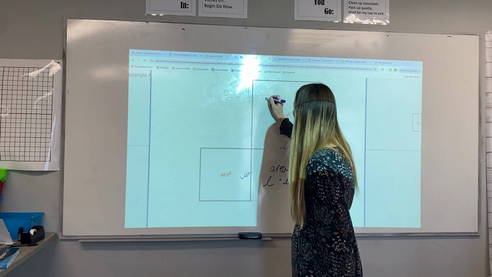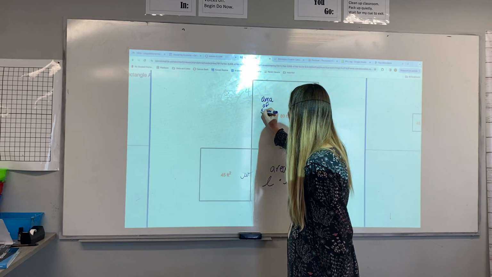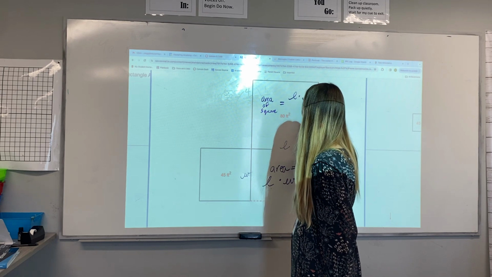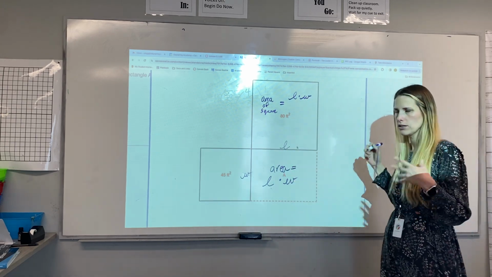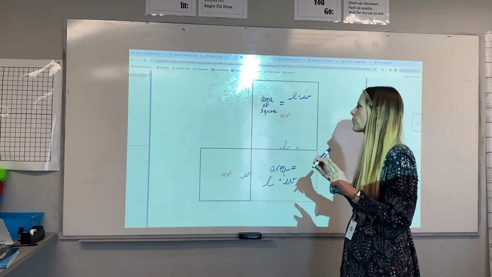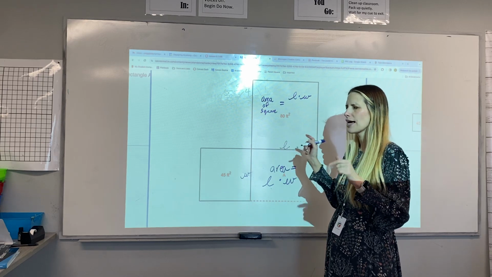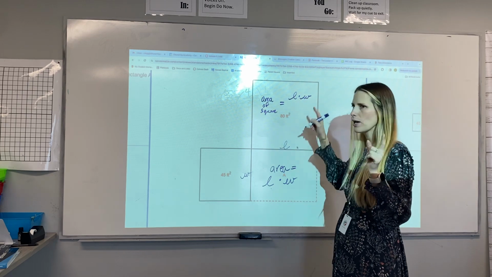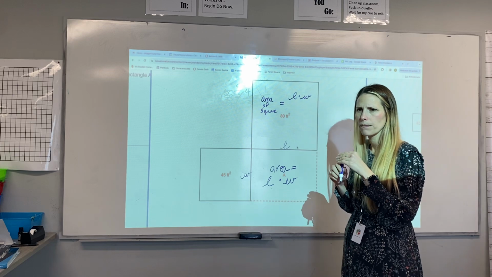So the area of a square, you can write it as length times width because technically a square is a rectangle. But since a square has all equal sides, that means the length and the width are exactly the same. So how can we write the formula?